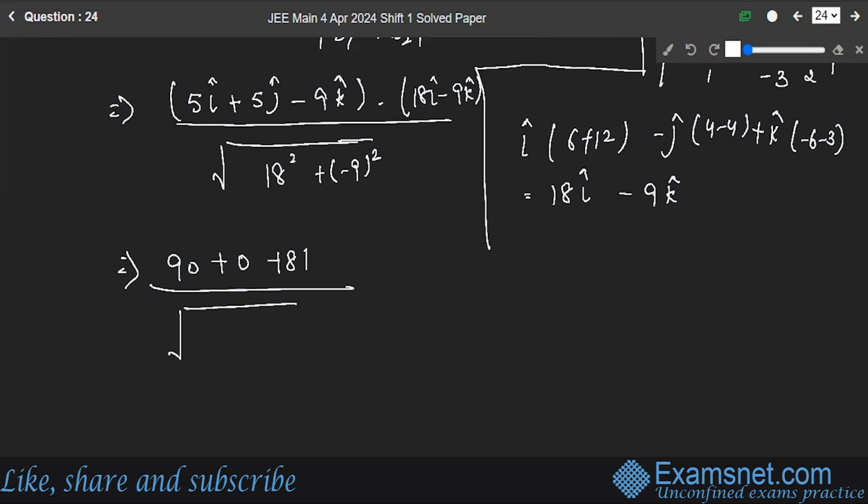See, instead of finding out 18 square and then adding and all that, this can be written as 9 square into 2 square plus 9 square. So in the numerator it will be 171, and 9 will be taken outside root of 5. It will be 171 upon 9 root 5.